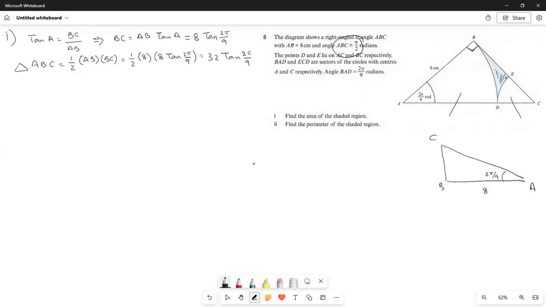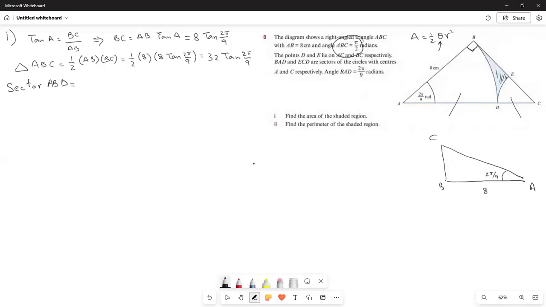Now we can find the area of the sector ABD. Remember the area of the sector I told before: it is half theta into r square, and this theta is in radians. This is important. Don't make a mistake of using degrees here.